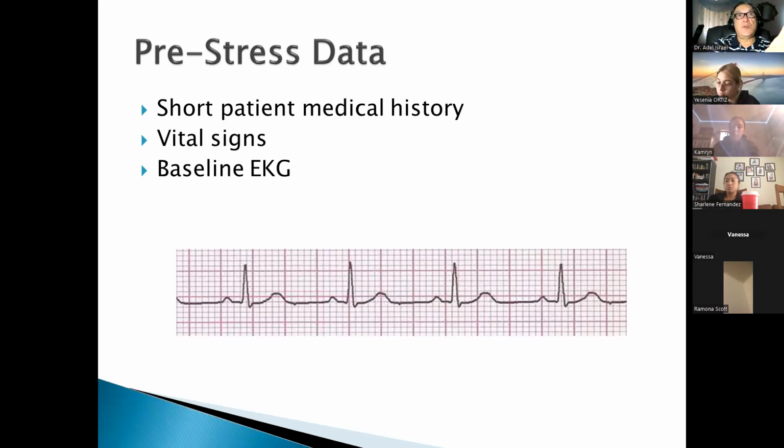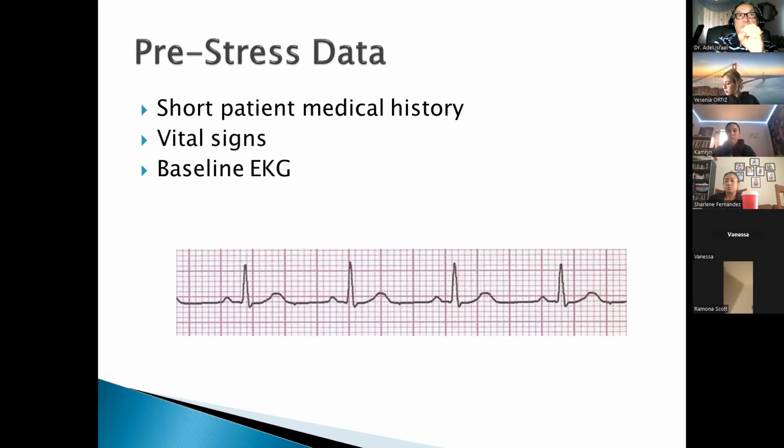Is he okay now, or does he already have an infarction? I told you that elevation or depression of the ST segment is an indication of infarction. So if there is a recent infarction, I'm not going to do the EKG stress test. I'm going to hurt my patient, or the patient may die.